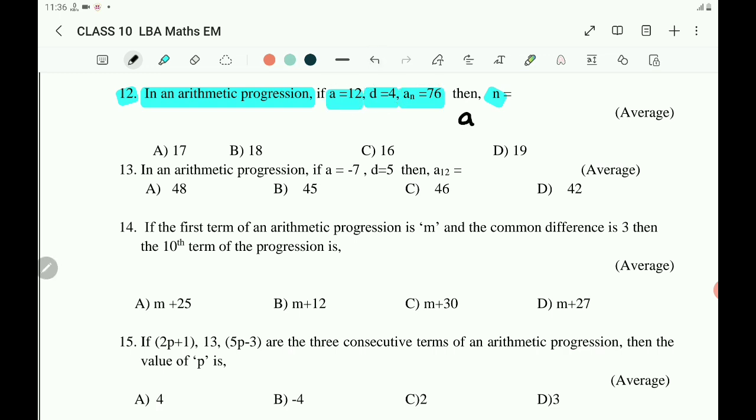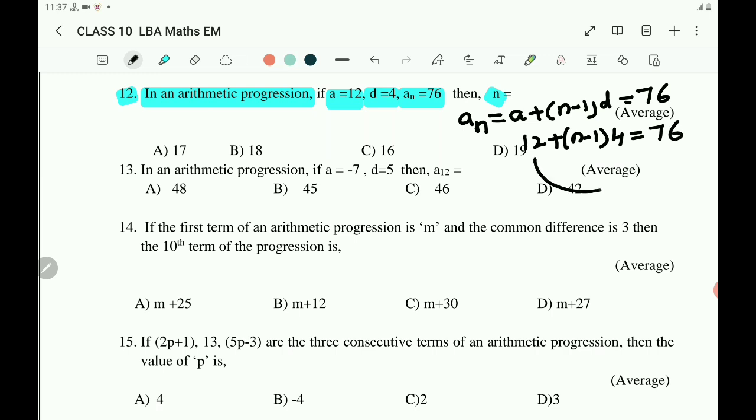What is the formula for the nth term? an equals a plus (n minus 1) into d. Here an is 76. a is 12, write 12 in the place of a, and n is to be found out, so you write n only, (n minus 1). Then what is the value of d? d is 4. In the place of d, write 4, equals 76.